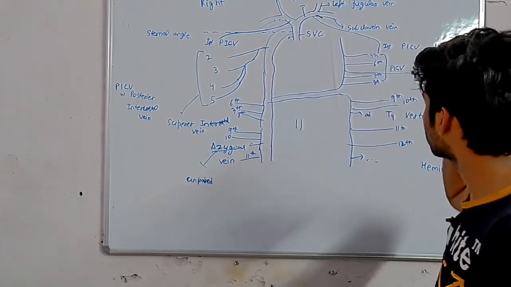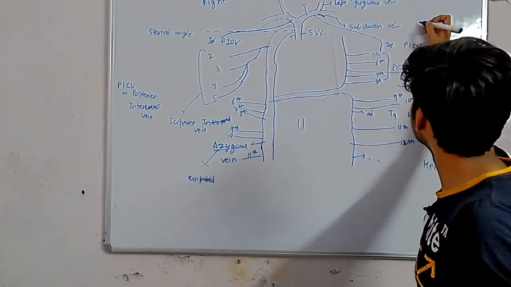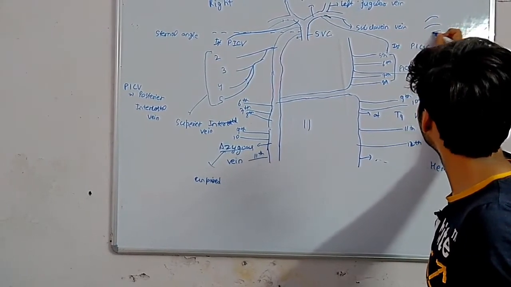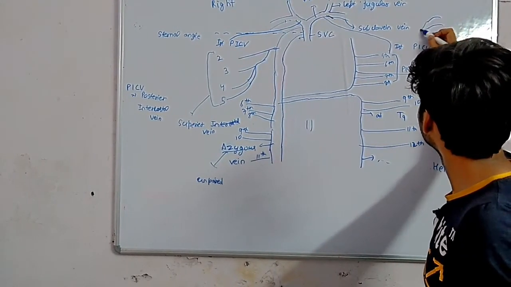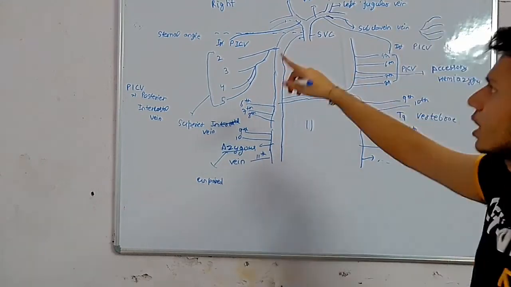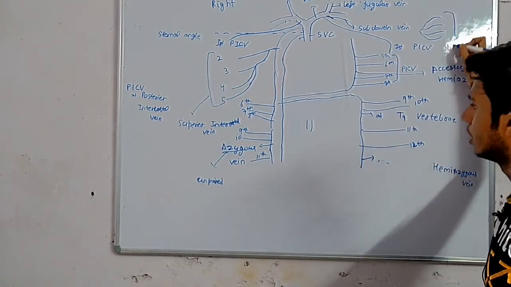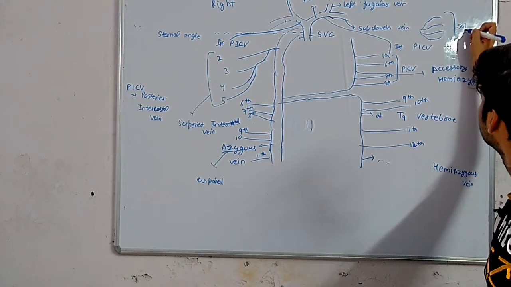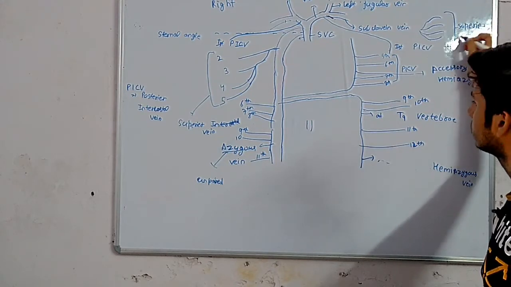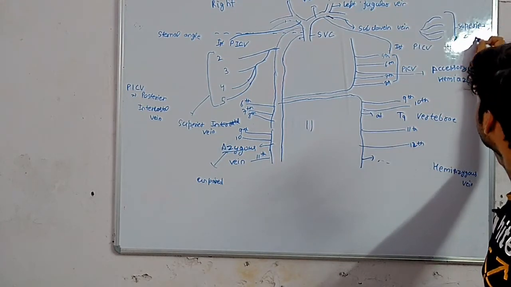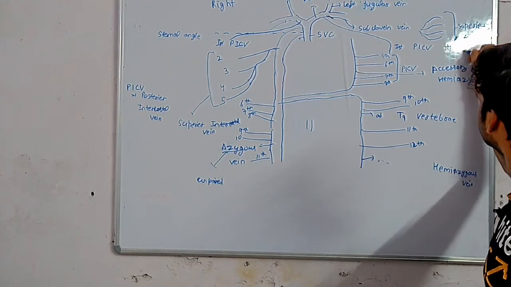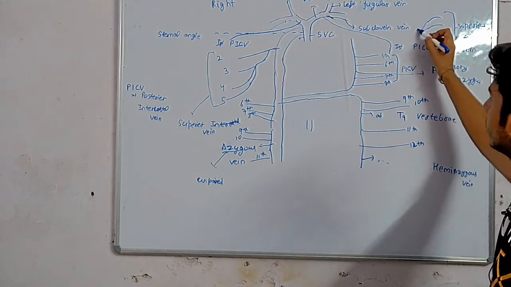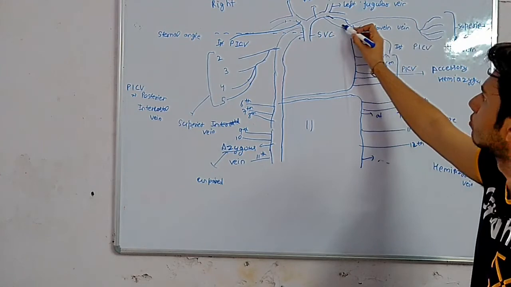These are also supplied. This is called the superior intercostal vein. This drains into the brachiocephalic vein.